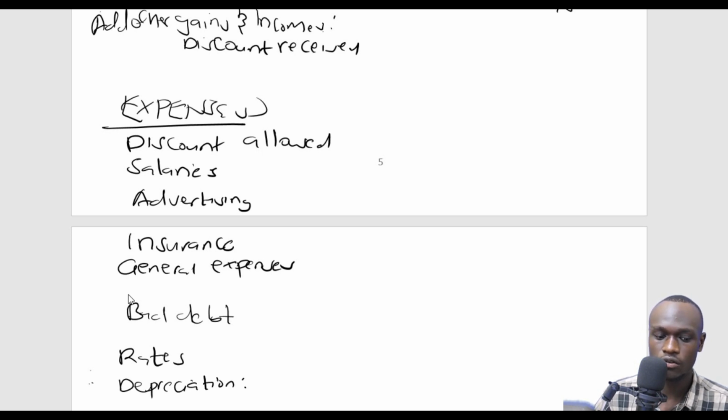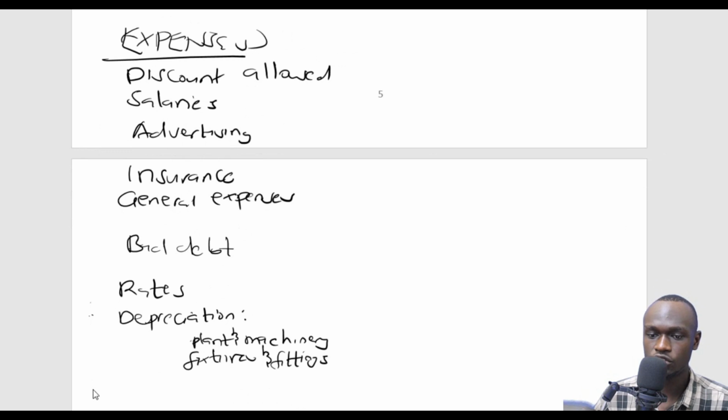Depreciation of plant and machinery, and fixtures and fittings. Then we also have provision for bad debts.